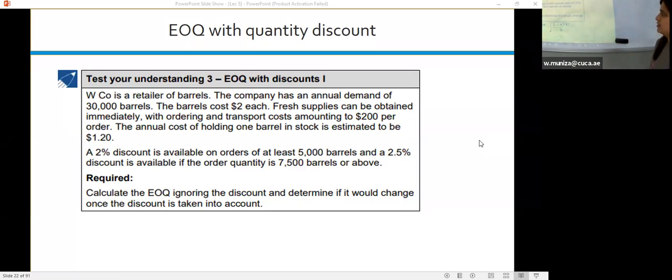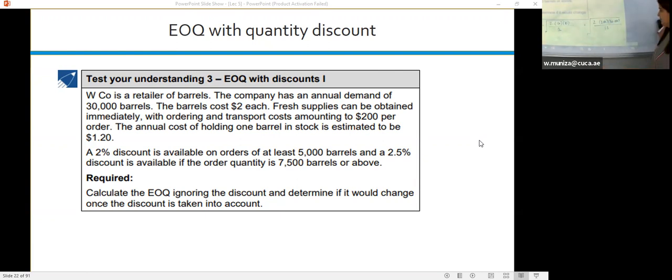And now they have given us the annual demand, 30,000 barrels. $3,162. 3162.